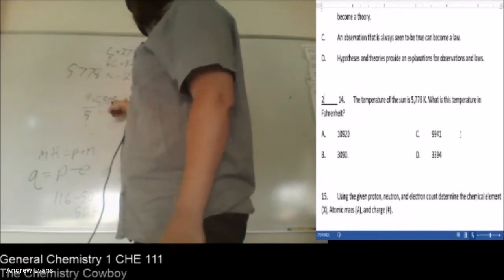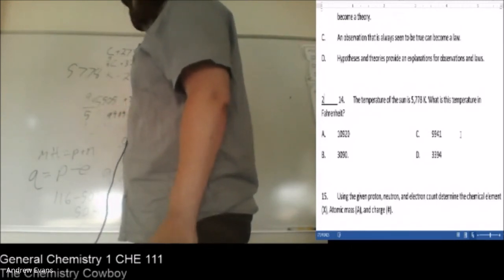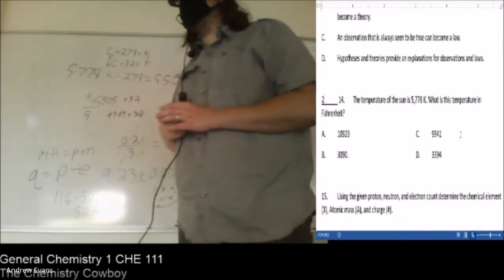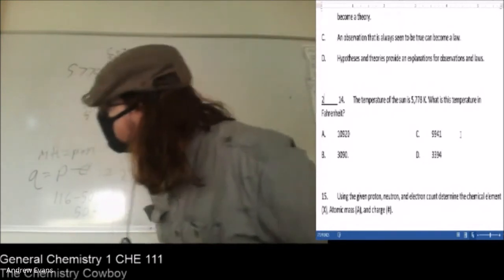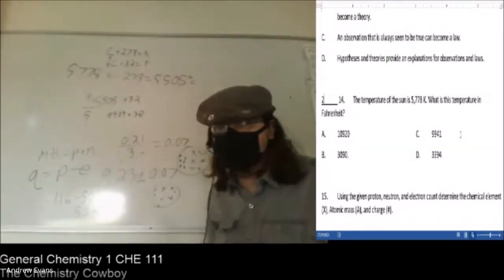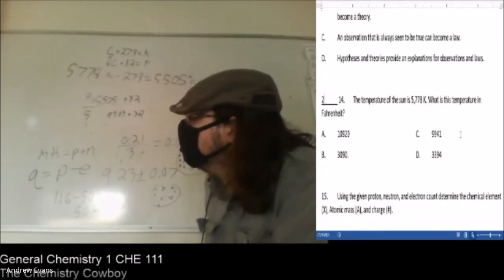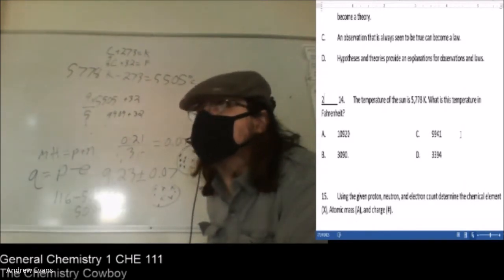That's 1101 times 9, so you get 9909 plus 32. So you get 9941. So answer C. But the thing of it is, doing this in an improper order could get you most of those possibilities.